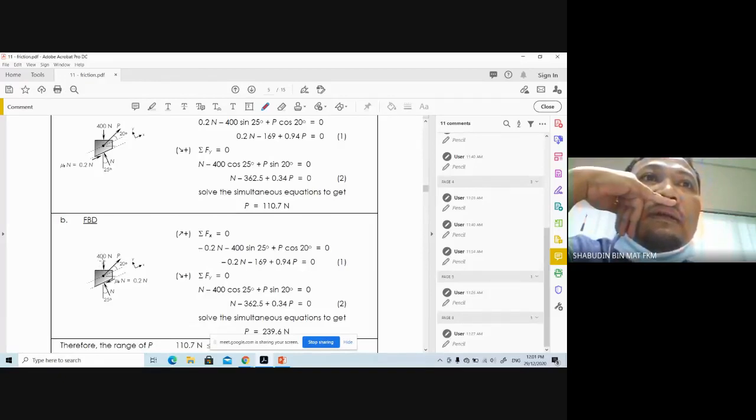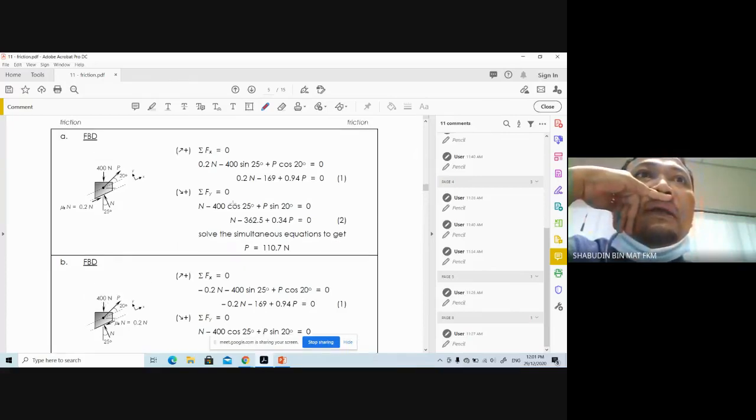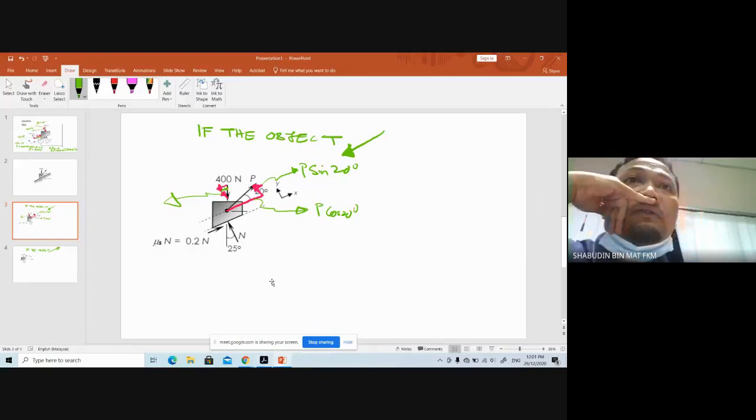If you enlarge it, so in here in X is sine 25, so this is 400 cos 25 degrees.